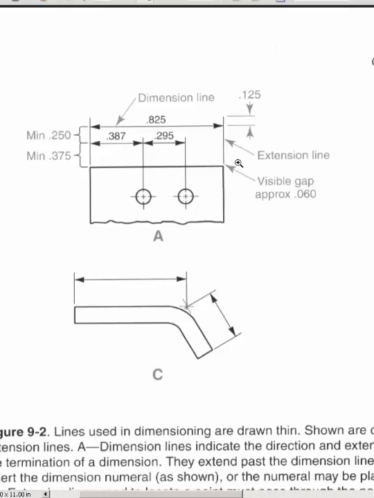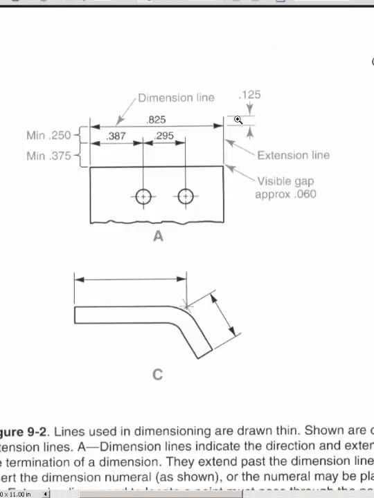Now, this little detail that you see here is a great example that you should keep in your mind, because it gives you all the information you need in terms of sizing. For example, it says the visible gap between the extension line and the object should be approximately 0.06.